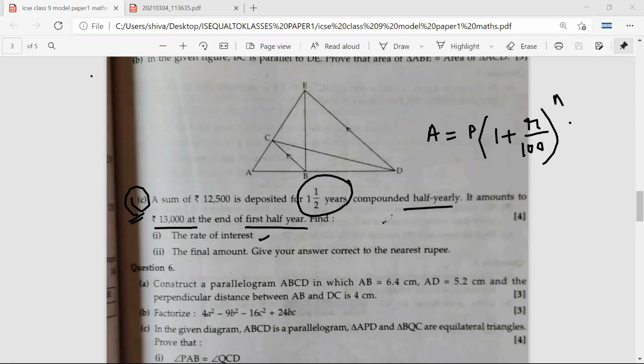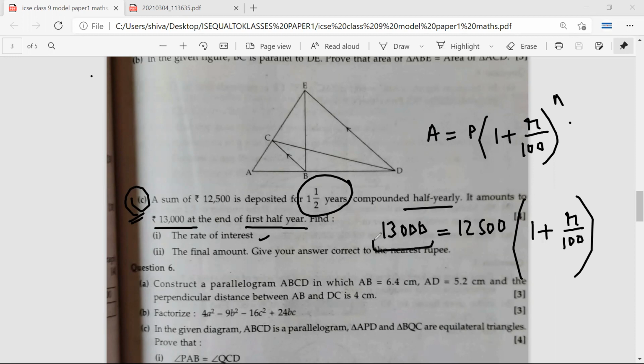So amount is equal to 13,000. Principal is 12,500. The rate of interest I need to find, and 13,000 is at the end of the first half year.